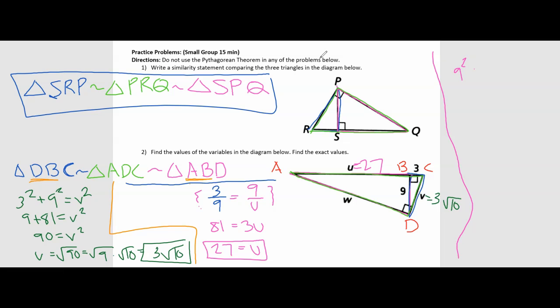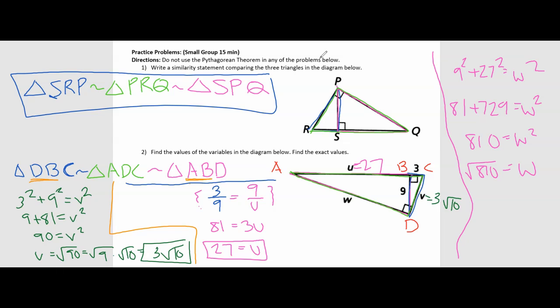Right, so 9 squared plus 27 squared is equal to W squared. 9 squared is 81. 27 squared is 729. 729 plus 81 gives us 810. Take the square root of both sides.